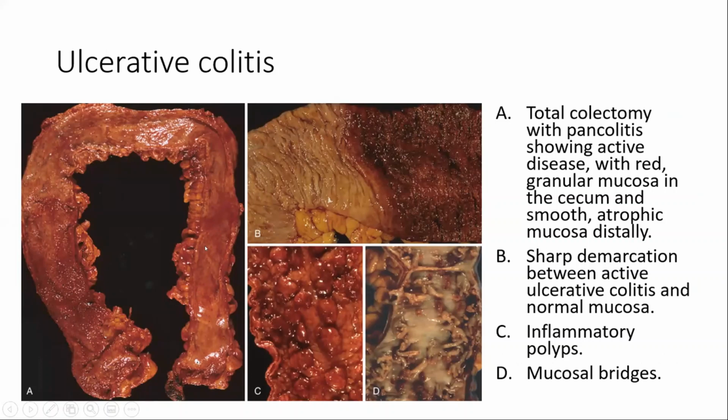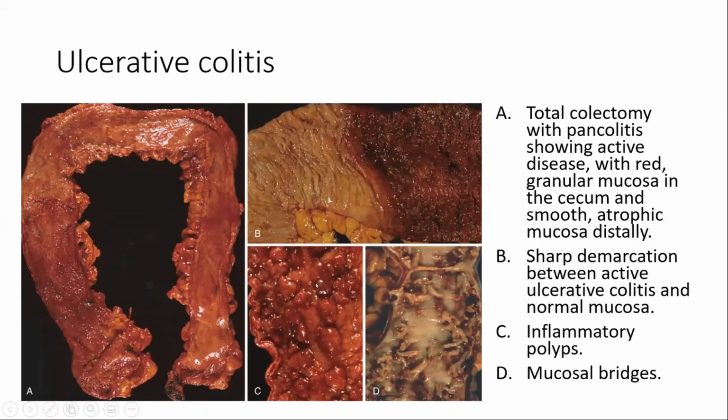And here, it looks more smooth compared to here. It is because of mucosal atrophy. These are some of the things that you can see in ulcerative colitis. As I mentioned, there is a sharp demarcation or transition here between the active ulcerative colitis and the normal bowel.